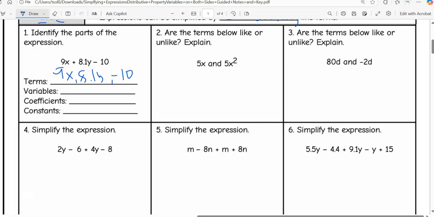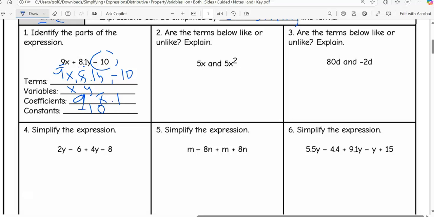We have an x and a y. What are the coefficients? Remember, the coefficient is the number in front of the letter, so we have 9 and 8.1. And then what are the constants? The constants are the one without a letter.